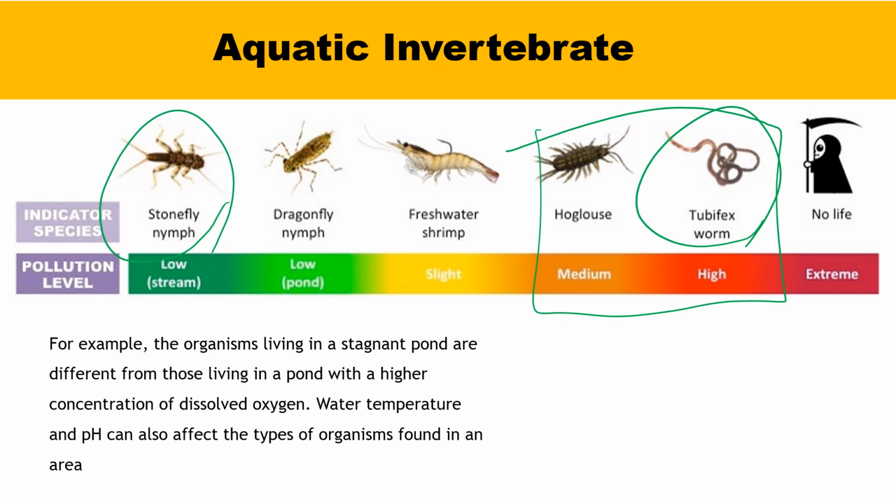So organisms living in stagnant ponds are different from those living in a pond with a high concentration of dissolved oxygen. We will look at other factors like water temperature and pH level as time goes. But at this point, know that a biological indicator shows a general guideline, and aquatic invertebrates are the perfect ones to undergo that analysis.